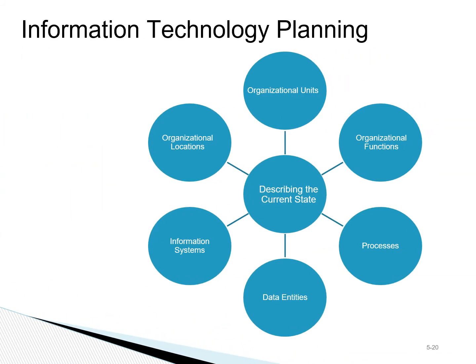When we assess the current state of an organization, we need to consider the organizational units, organizational functions, the locations, the processes, and also the information systems that are in place. When I was with U.S. courts, we had 94 district courts, some 80 bankruptcy courts, 90 probation and pretrial services offices, and 12 appellate courts.